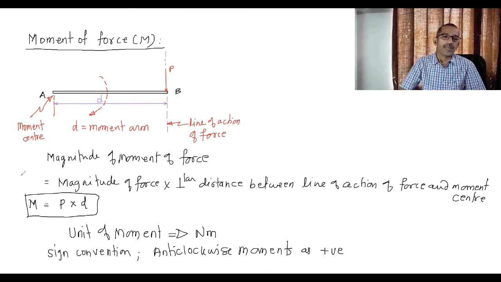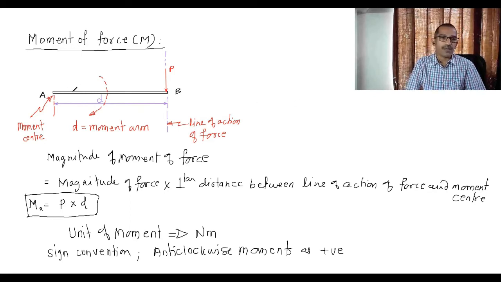Now what magnitude of moment of force are we getting? It is the magnitude of force times the perpendicular distance between line of action of force and moment center. So the moment about point A is P into D. Now let's try the moment at a different point.